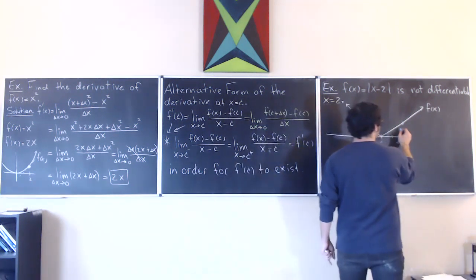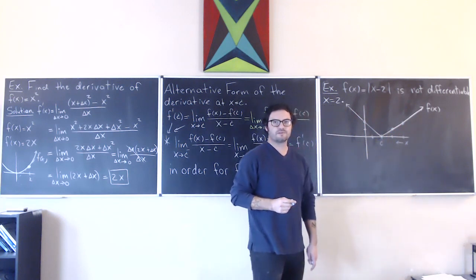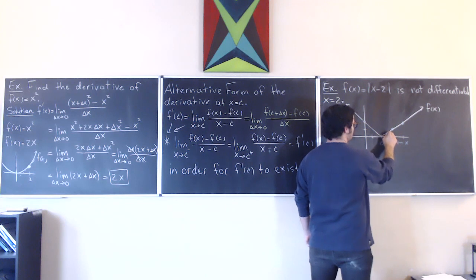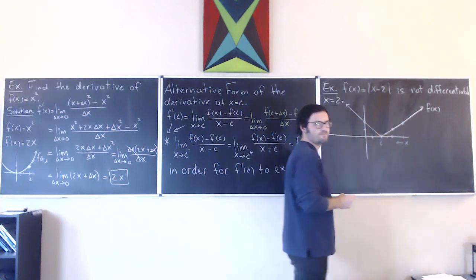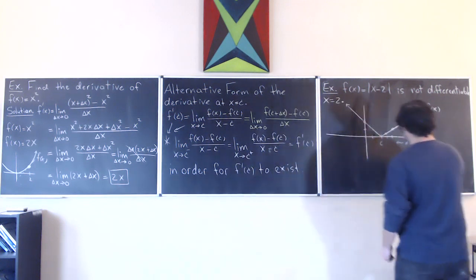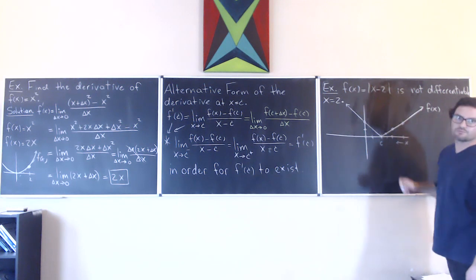And then as we get closer, it's still the same. And as we get closer, it's still the same. So we can conclude that if we're going from the right, what is the slope of that line? It's just 1.